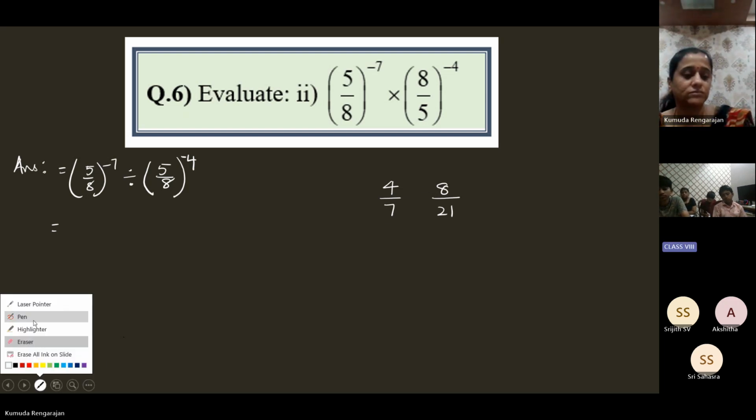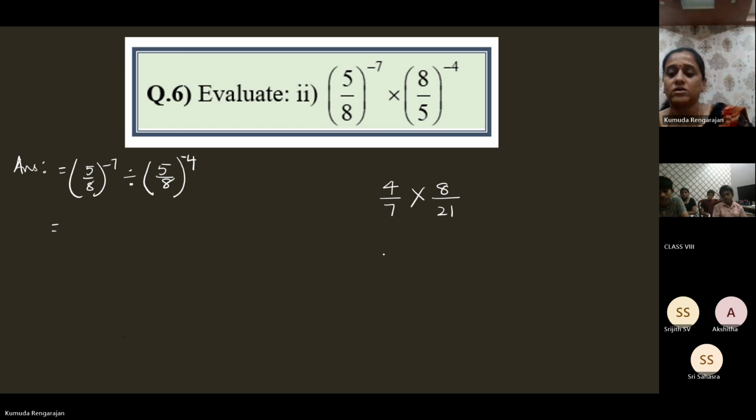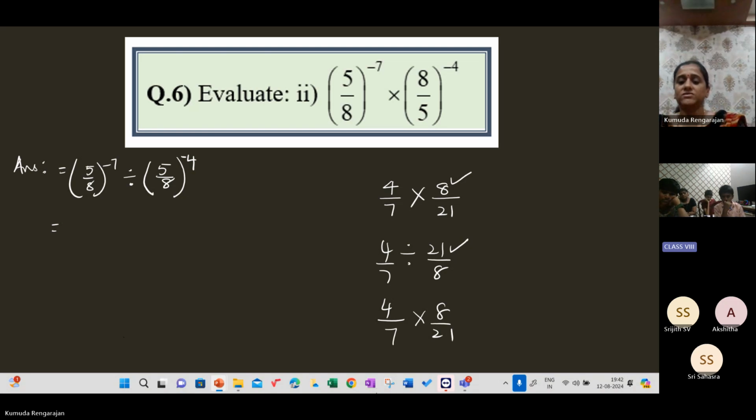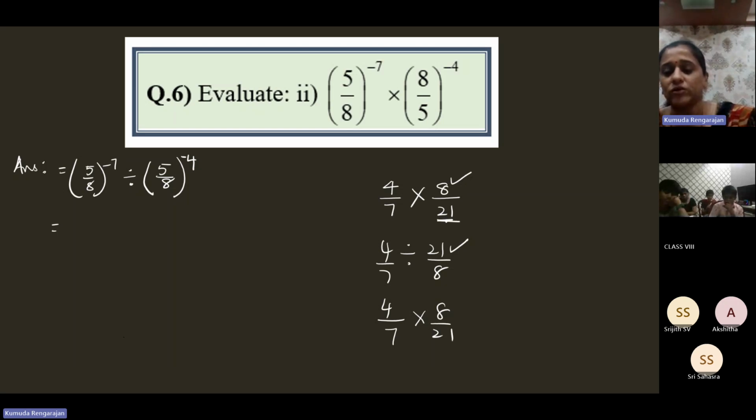So this can also be written as 4 by 7 divided by the reciprocal of this one, which is 21 by 8. Now try to change division to multiplication: 4 by 7, division becomes multiplication and write the reciprocal of this, 8 by 21. See, when you switch between multiplication and division signs, you need to write the reciprocal of the next term.